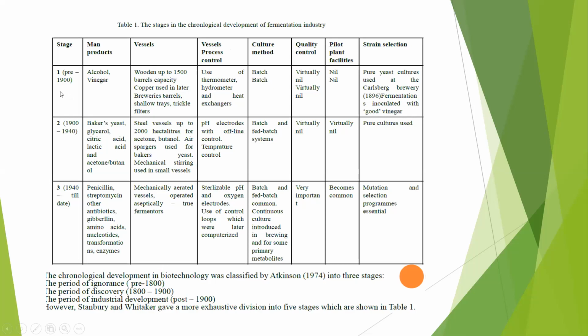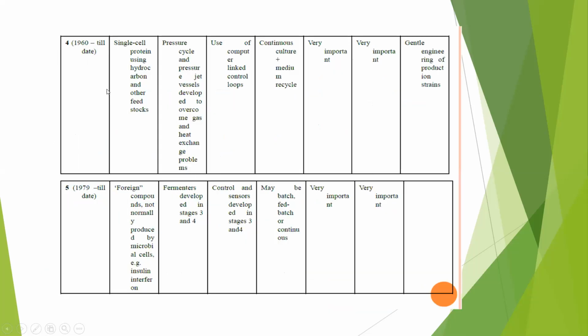Use of thermometer, hydrometer and heat exchangers, culture method batch, and pilot plant facilities nil. Strain selection, pure yeast culture used at the Carlsberg brewery, fermentations inoculated. This is 1900 only, but the period of ignorance will be called 1800. So in 1900 they started production of alcohol and vinegar.